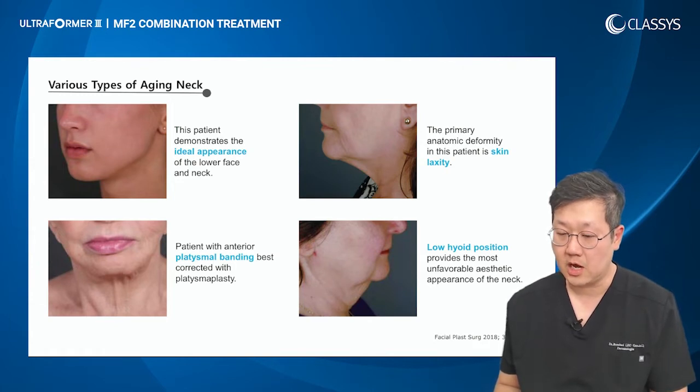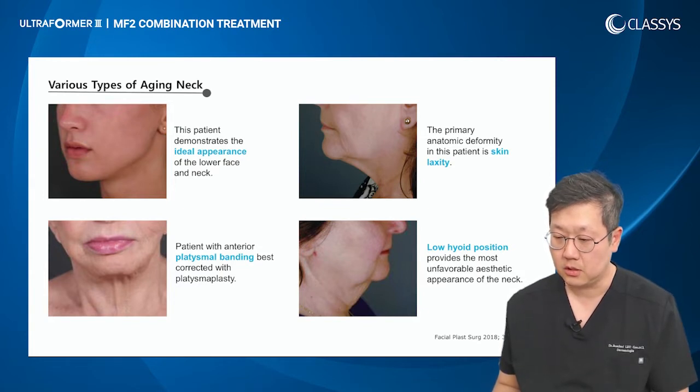So we have the ideal appearance with sharp lines, with the mandibular lines, no sagging of the skin, and no drooping of the submental fat and submental tissues.